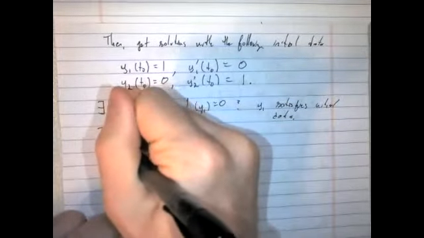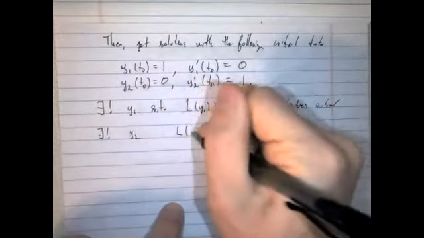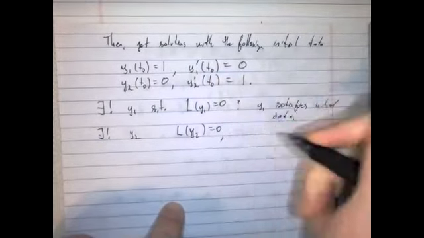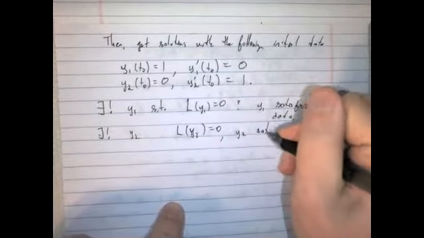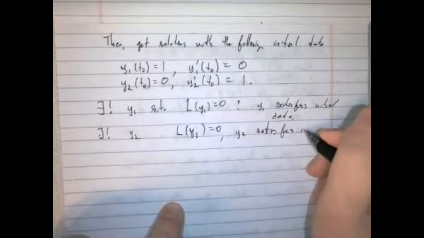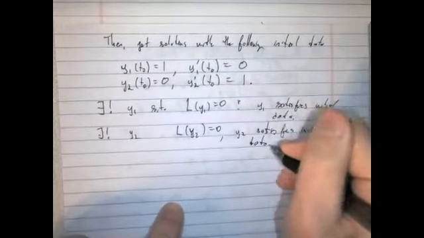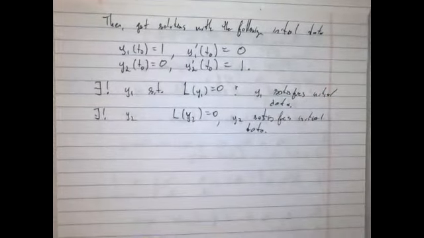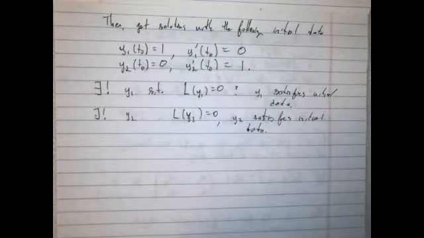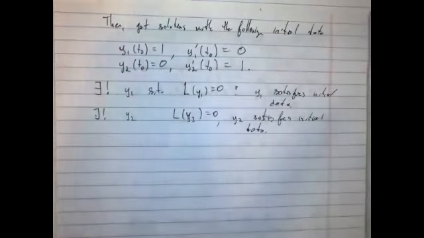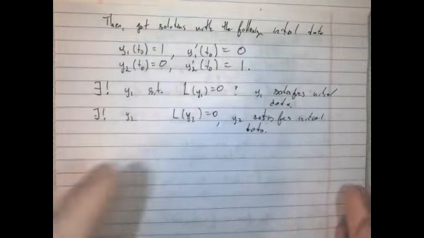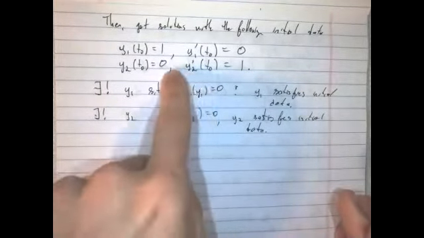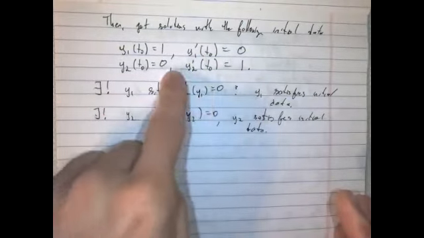There must exist a unique y2 such that L of y2 is equal to 0, and y2 satisfies its initial data. So maybe you're slowly starting to see how powerful the existence and uniqueness theorem is. Because I'm trying to produce a basis, a system of fundamental solutions. I've found some interval on which my functions are continuous, picked some point, and demanded that the Wronskian of these solutions is non-zero at this point.